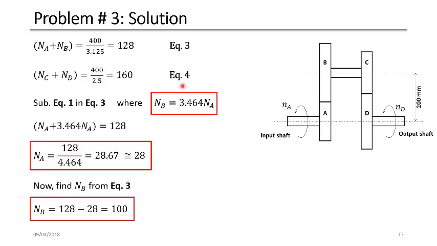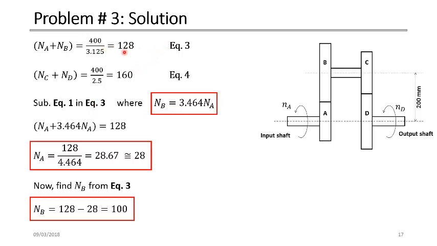Now we've got 4 equations and 4 unknowns. The 4 unknowns are the number of teeth for the 4 gears, and the 4 equations are known now. So we substitute the first equation, NP is equal to 3.464 NA, into equation number 3.